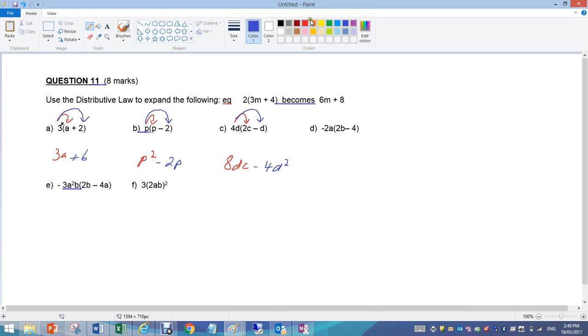Next, negative 2A times 2B, so it's minus 2 times 2, 2 times 2 is 4, and there's a minus sign, so that's included. A times B is AB.